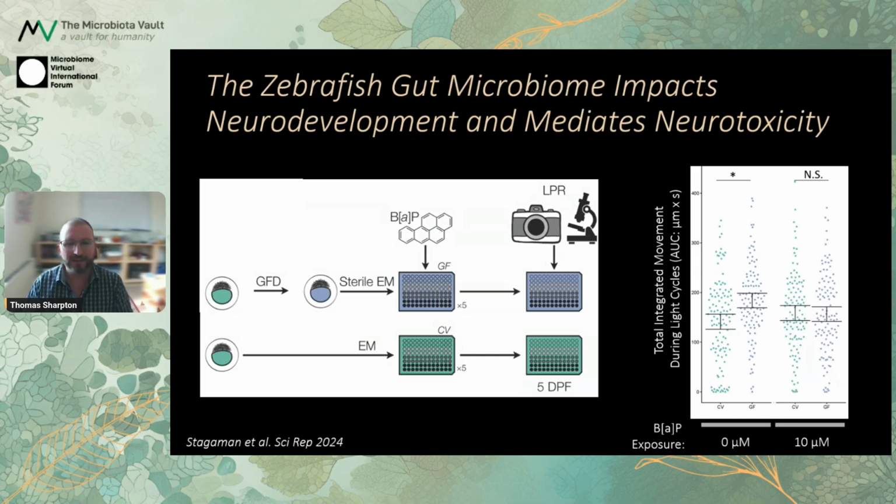In other words, the effect of BAP on behavior flips depending on whether the microbiome is present. This experiment was only possible because of the zebrafish system's ability to enable us to generate germ-free cohorts at scale. And together, these results show that the microbiome both influences baseline behavior in zebrafish and also mediates the behavioral impact of BAP.